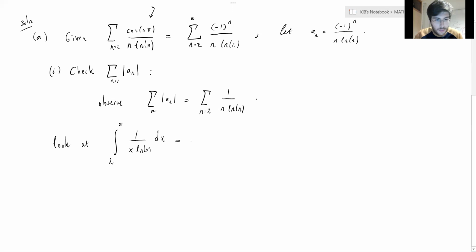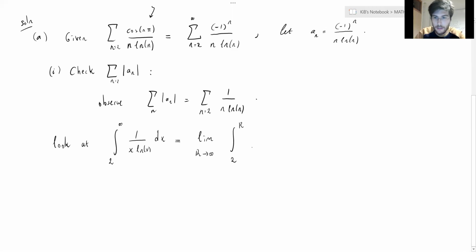This is how we deal with improper integrals: we consider definite integrals, the proper integrals, and when we evaluate this proper integral, then we look at the limit.